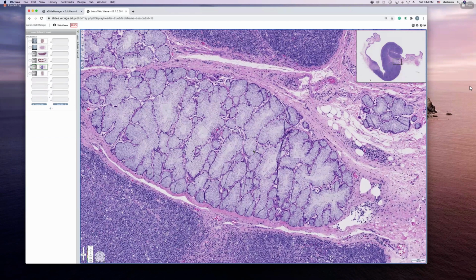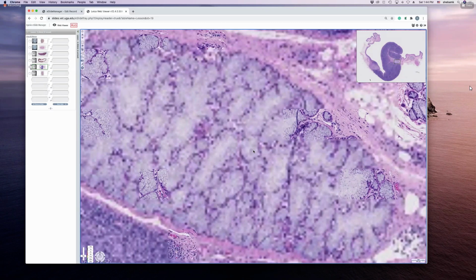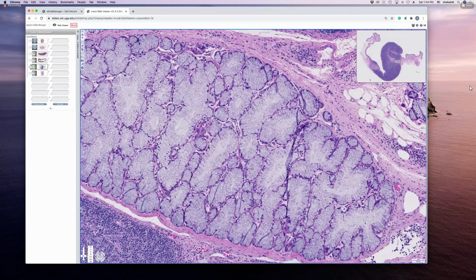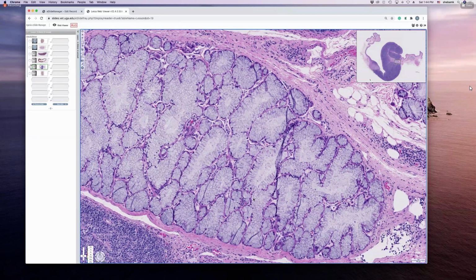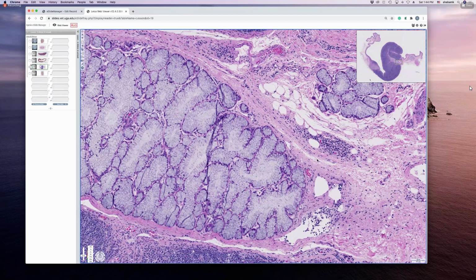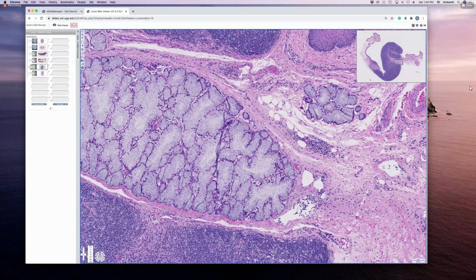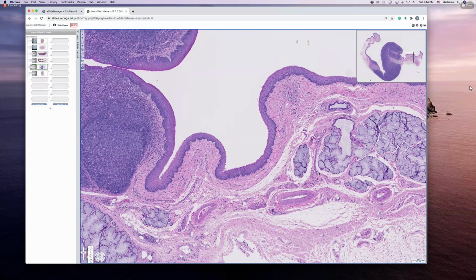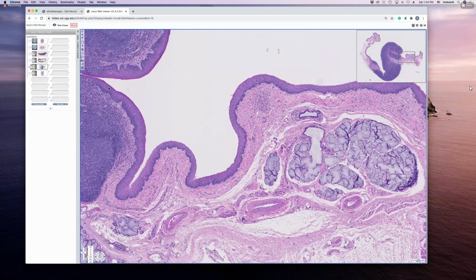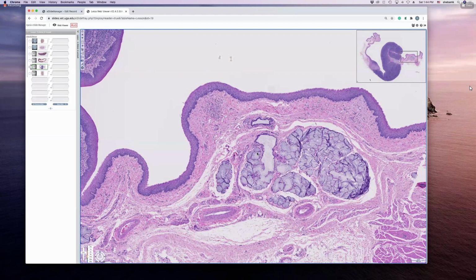Look at that, these are all columnar cells. Can you see it? So this is a tonsil. And there is another good mucus secreting gland right here. So that is another kind of lymphatic tissue.